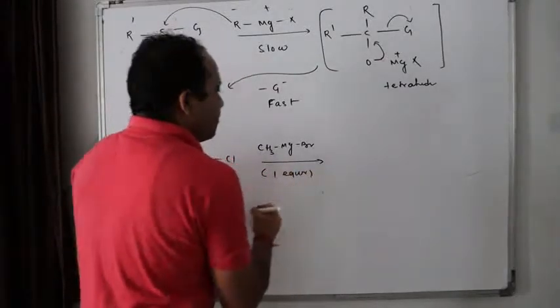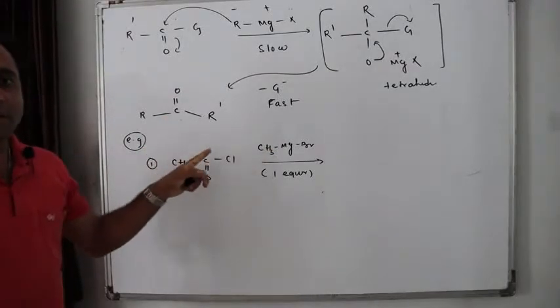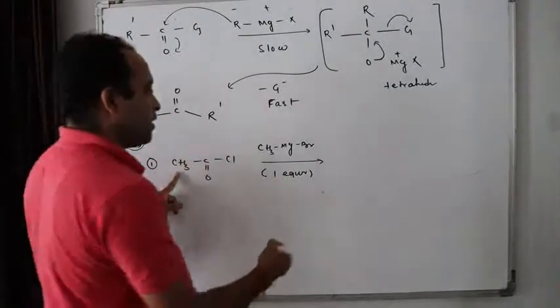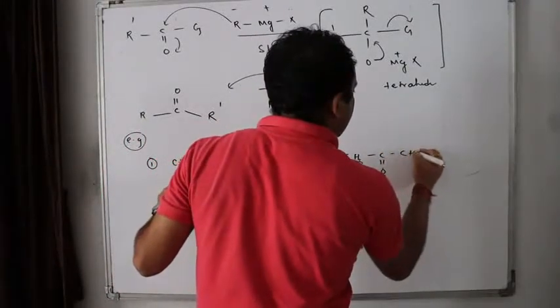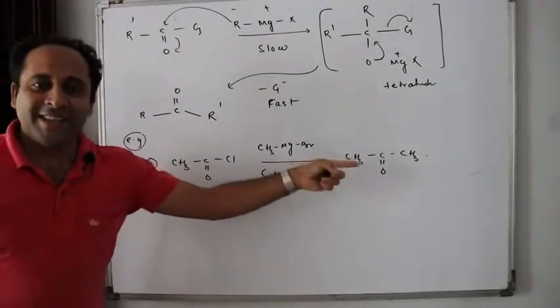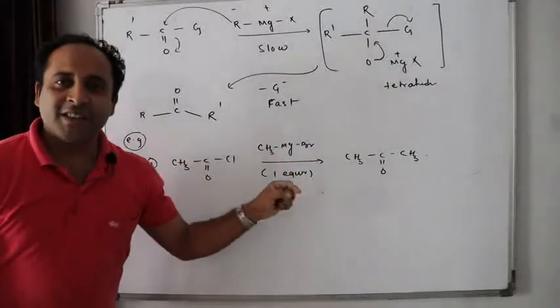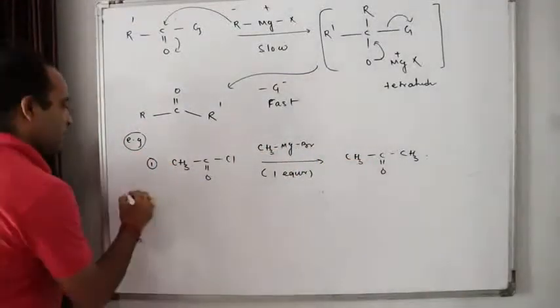Why one equivalent? Because if I take this in excess, it will again react with this carbonyl. Okay, so what is the product formed? You tell me. CH3 from here, carbonyl. Do you understand or not? This goes to which mechanism? SNTH mechanism, if a tetrahedral intermediate is formed in between. So yes or no? Now tell me, same question.